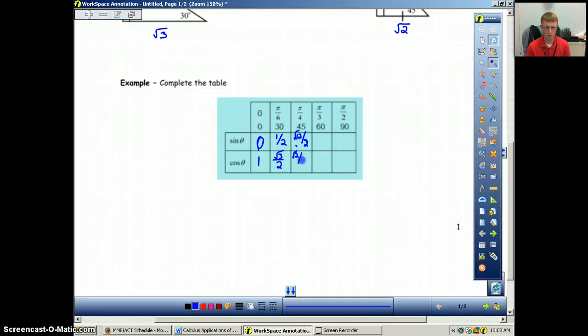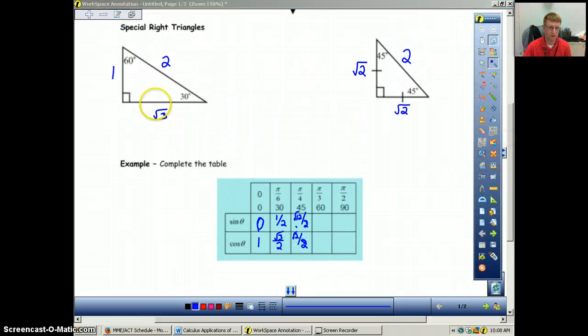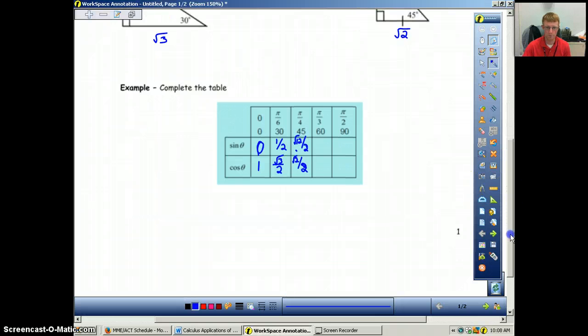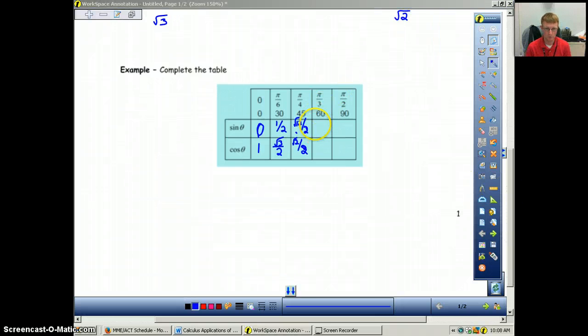Square root of 2 over 2 again. Okay, then we do the sine of 60. And if you do the sine of 60, you see it's opposite of 60 is square root of 3 over 2. And then our cosine will be adjacent, which will be 1 over 2.